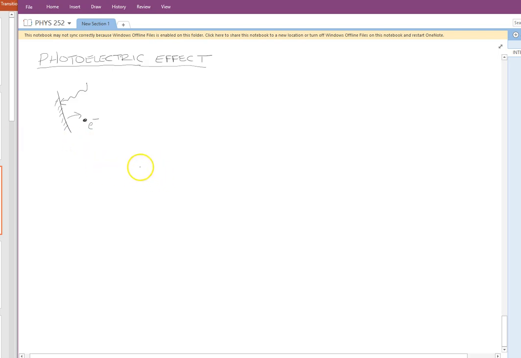So if you remember in my diagram, I have the emitter right here in that picture on the study notes, and my collector over here. And the light is hitting the emitter. Now, the electron is going to be ejected.